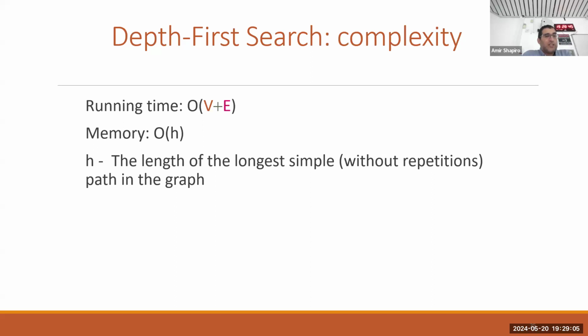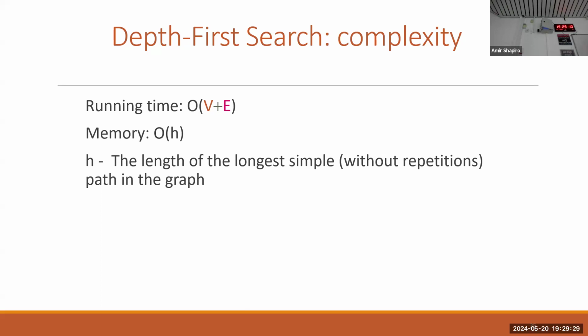So the runtime, the time it takes, or the amount of vertices or computation that it needs to look at is at maximum the number of vertices plus the number of edges, because it has to go over all of them in the worst case.